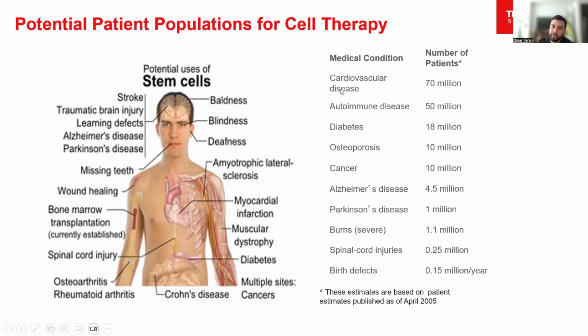If we look at the number of patients affected with various different conditions, right? Cardiovascular, autoimmune, diabetes, cancer, Alzheimer's, Parkinson's, the list goes on. It's a very large number of people that can potentially benefit from having access to a renewable source of tissue that we can use or potentially even engineer in the lab, right, to fix mutations or address certain issues.